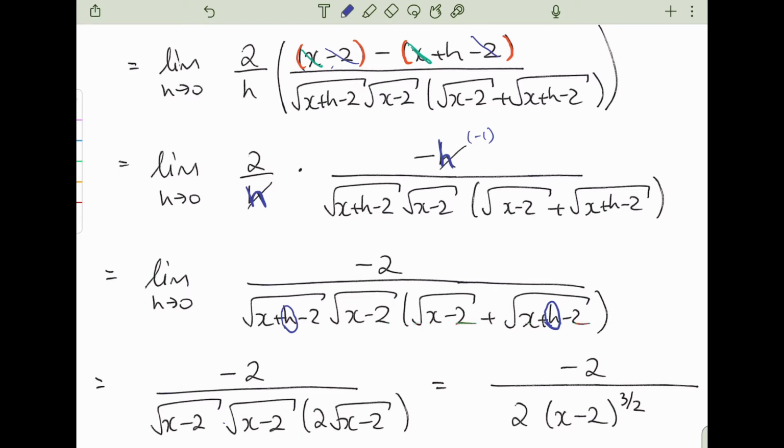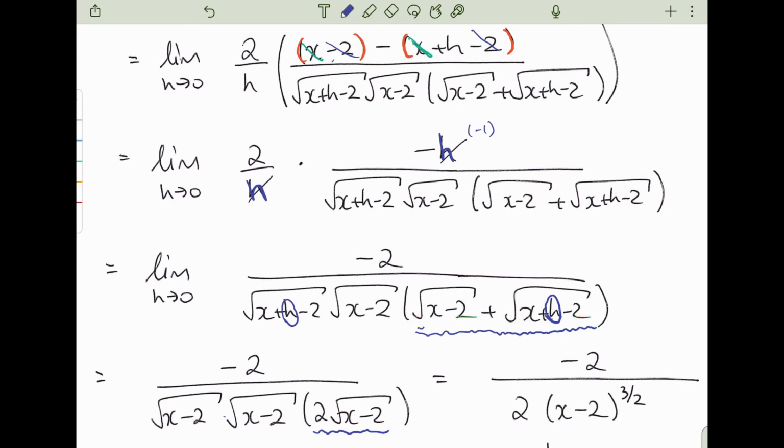And times twice of that, because this thing is square root of x minus 2 plus square root of x minus 2. It is like two of these things combining together. So that's why it's 2 times square root of x minus 2.